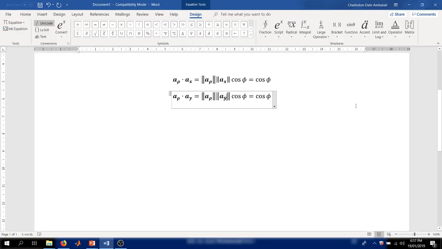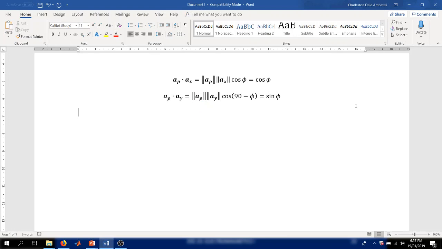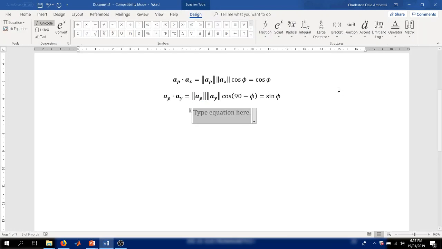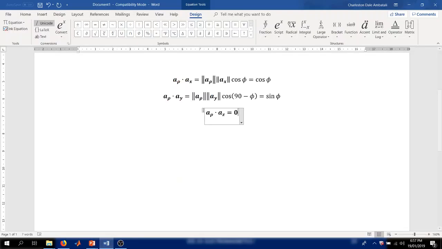Just substitute it here and use the sum or difference of angles formula, and you'll arrive at sine phi. And finally, you have A_rho dotted to A_z. Since they are perpendicular to each other, their dot product is 0.